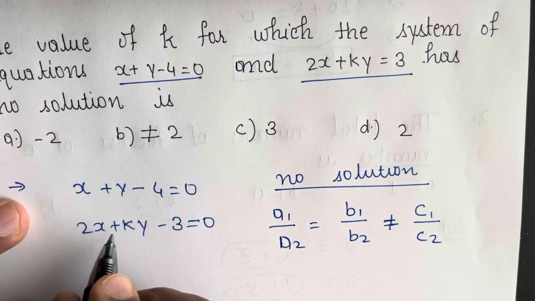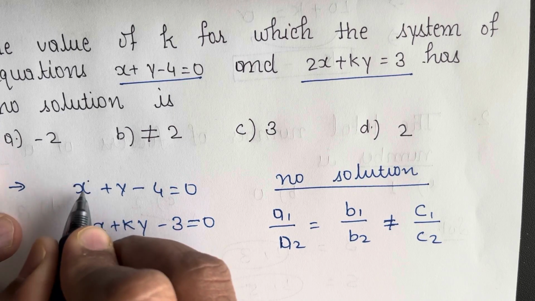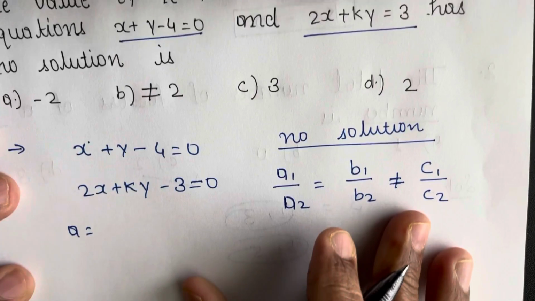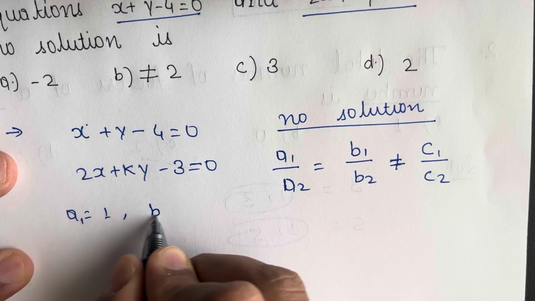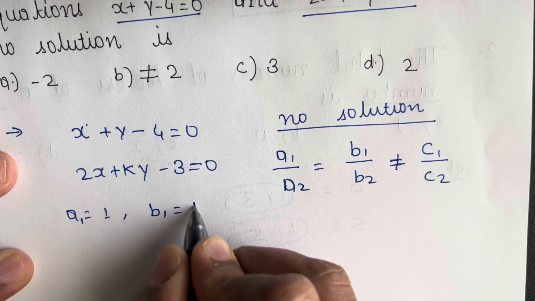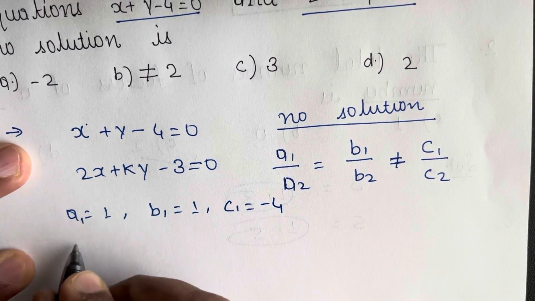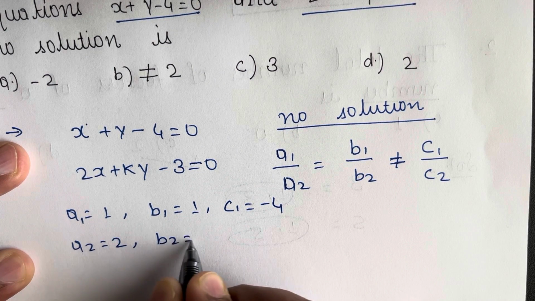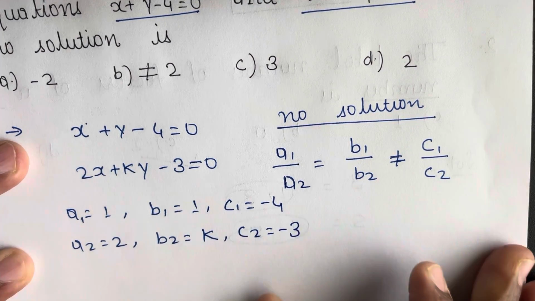In this equation, the coefficients of the first equation are A1 is 1, B1 is 1, C1 is minus 4, and A2 is 2, B2 is k, and C2 is minus 3.